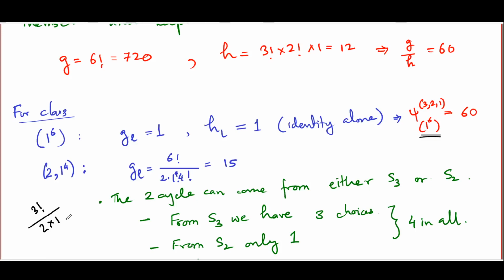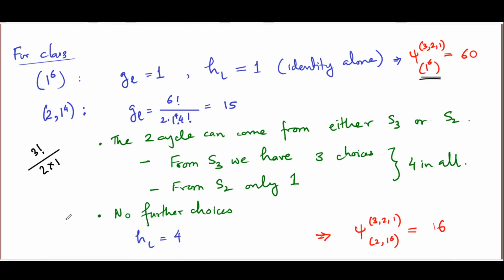So overall there are 4 different permutations which will have one 2-cycle and four 1-cycles and will survive into our subgroup S3 cross S2 cross S1. And that means our HL here is 4.